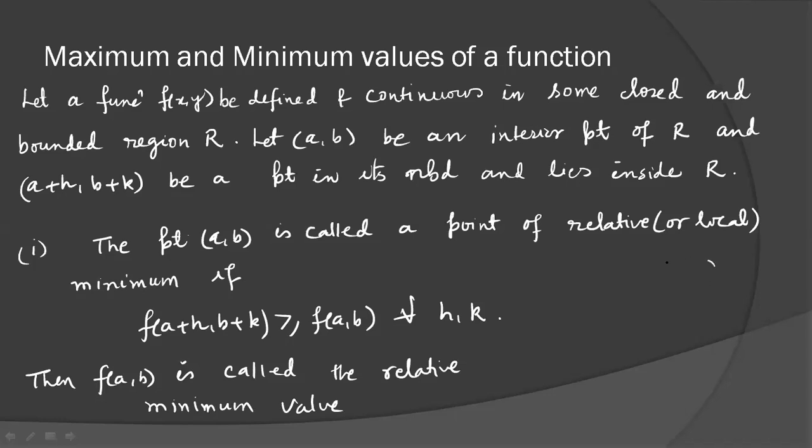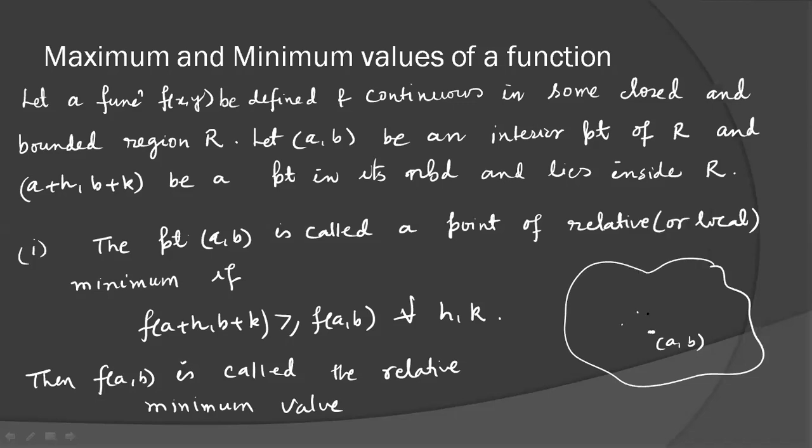What is the meaning here? Suppose this is your closed and bounded domain and this is the point (a, b), and it can have neighborhood points (a+h, b+k).